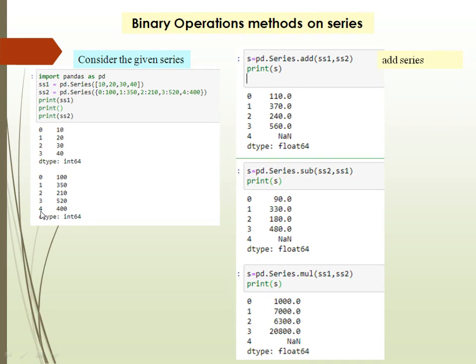But the fourth index number is present here with a 400 value. But in the above s1 series, there is no fourth index number. So it will not add with anything. So it is going to display NaN. Clear?